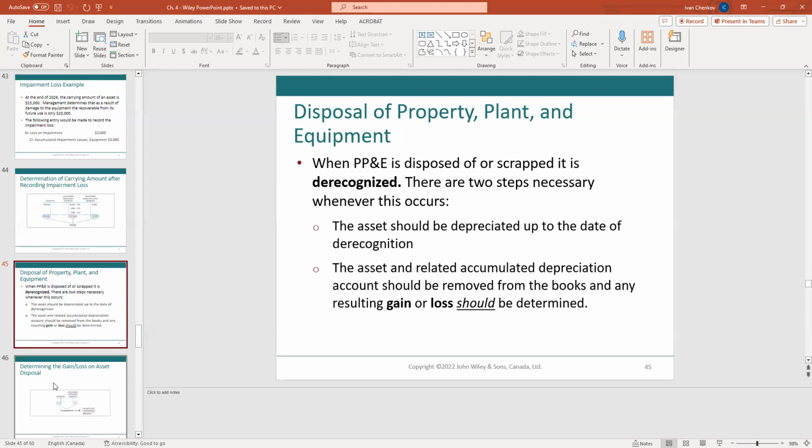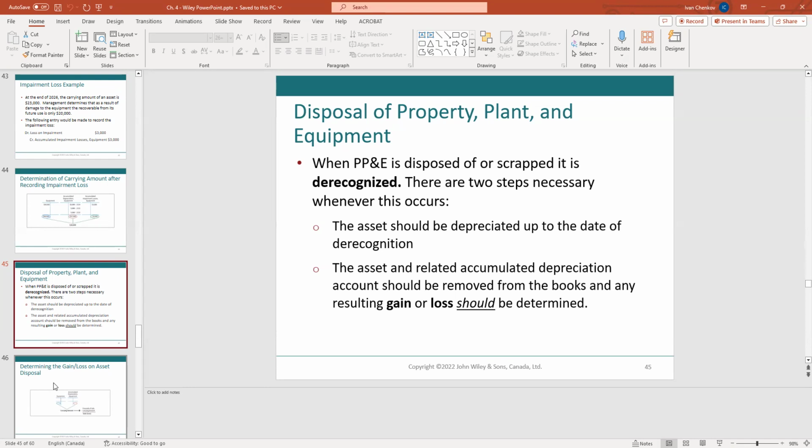What's going to happen when we decide to dispose of the asset? Well, we have different types of disposal. One of these disposals is to scrap it, meaning stop using it. This means that we're going to de-recognize it. There are two steps that we have to follow.